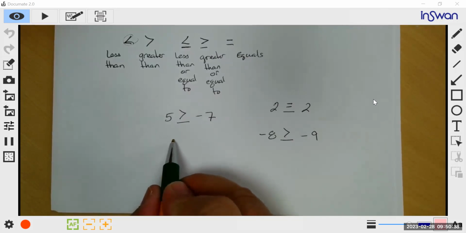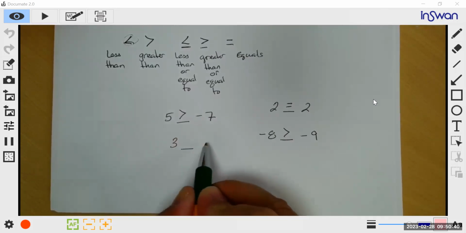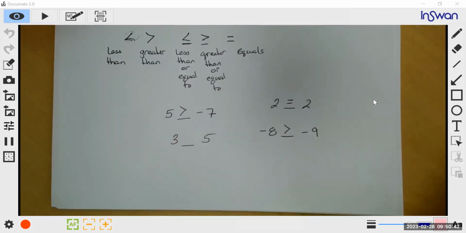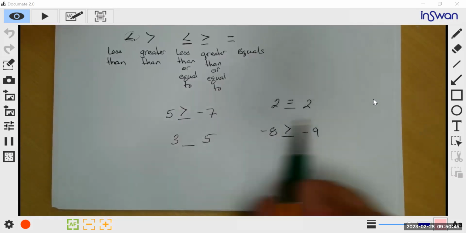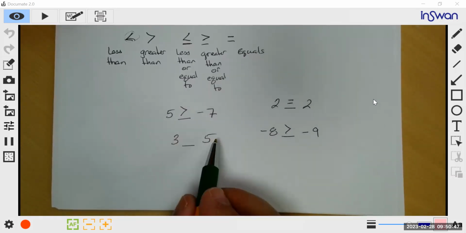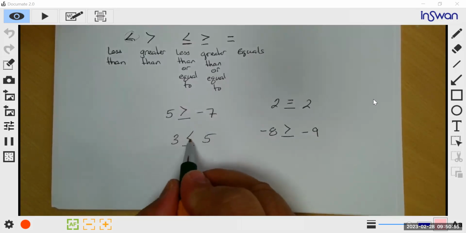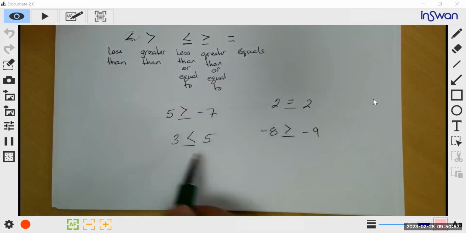We know the positive numbers. Is 3 less than, greater than, or equal to 5? Three is less than 5. Why is it less than 5?